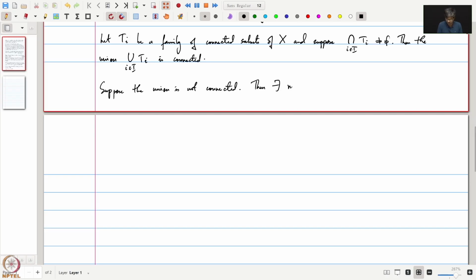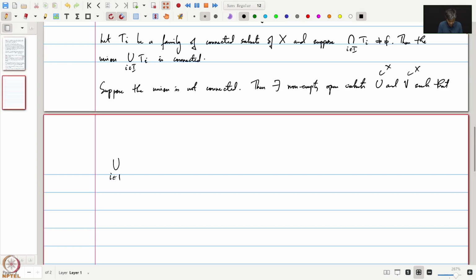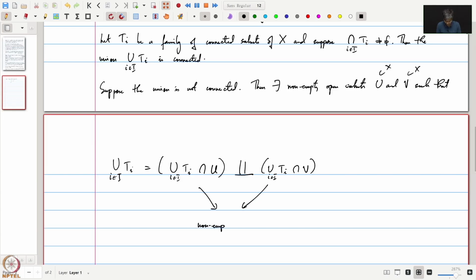Then there exist non-empty open subsets U and V in X, such that this union of Ti is written as the disjoint union of the union of Ti intersected with U and the union of Ti intersected with V. Both these are non-empty, and they are of course disjoint open subsets in this union.